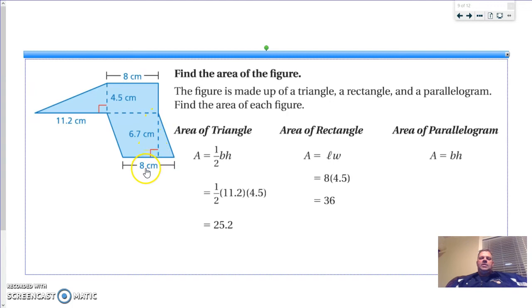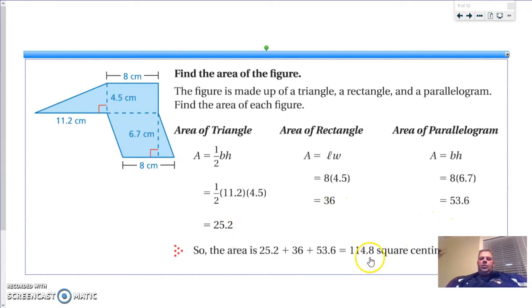So we've got 8 times 6.7. That adds up to 53 and 6/10. When I add the 3 areas up, we end up with 114 8/10 square centimeters. Again, finding the triangle, the rectangle, and the parallelogram, add them all up, and we get our answer.